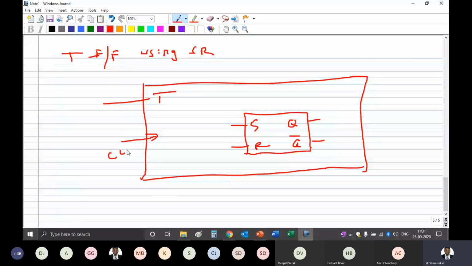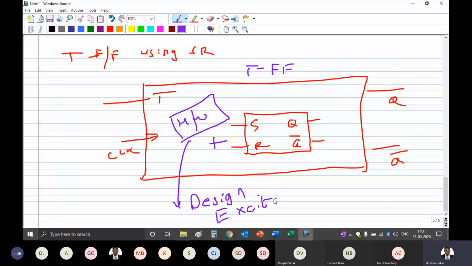So to convert SR to T flip-flop, I need to put some hardware around SR. So hardware plus the SR flip-flop is going to be the T flip-flop. Now to design this hardware, we require the excitation table. That hardware will be using some basic logic gates only. It will not be very difficult.